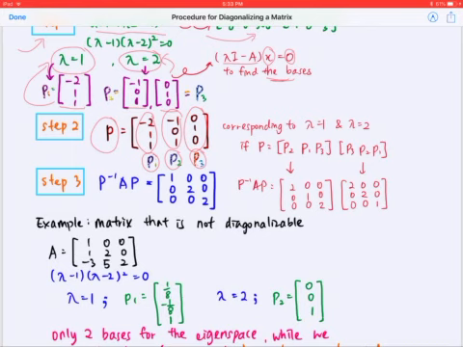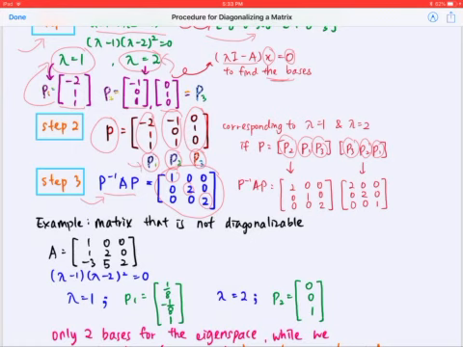You can rearrange the sequence of P1, P2, P3, such that you have P2, P1, P3, or P3, P2, P1. The sequence doesn't matter, as long as in the third step, when you rewrite it in this form, the entry in the diagonal matrix corresponds to the column vector of P.